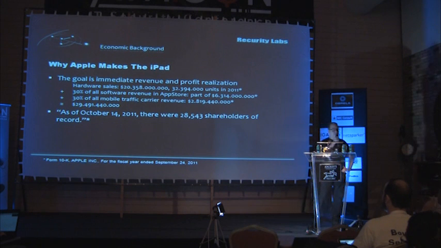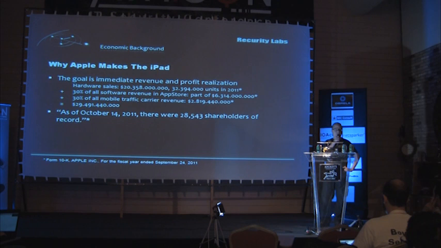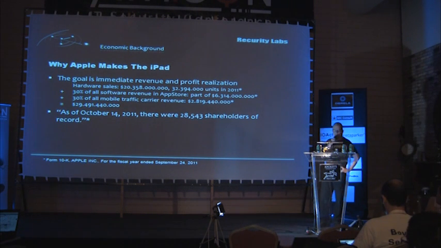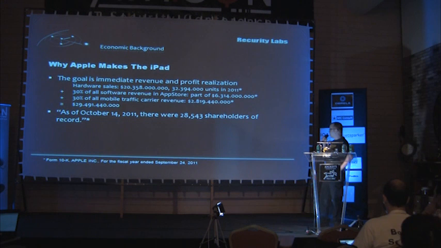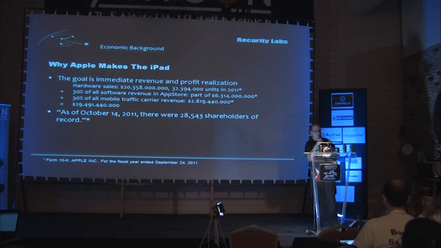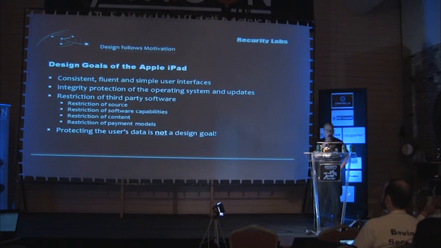And then they take 30% of everything the mobile provider charges you: phone calls, SMS, data. That's another 2.8 billion US dollars. And this goes to Apple. They have short of 30,000 shareholders, but they're not paying dividends, so it all stays in the company. And this is what they built their security model on.